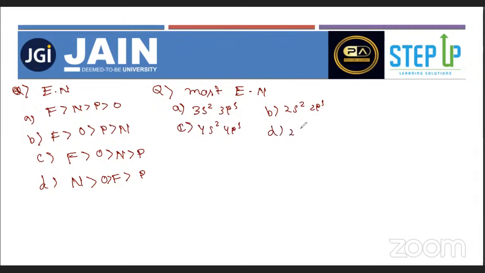Option D is 2s2, 2p4. Which among these is the configuration for the most electronegative element? They have not written the previous ones, only the final shell. So they have previously filled, then come to the final one.